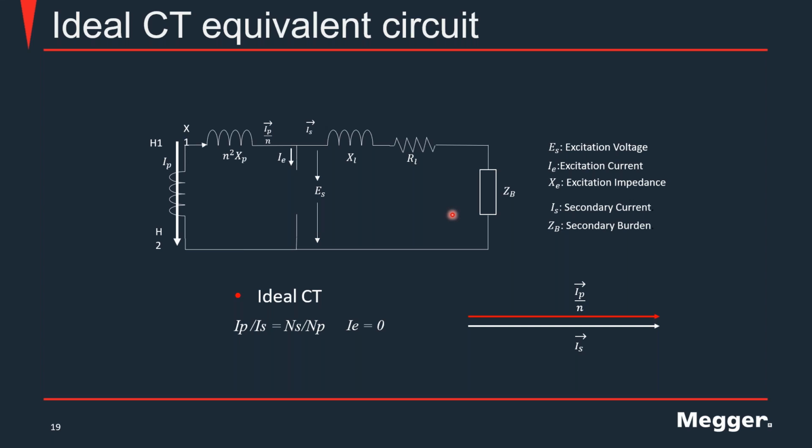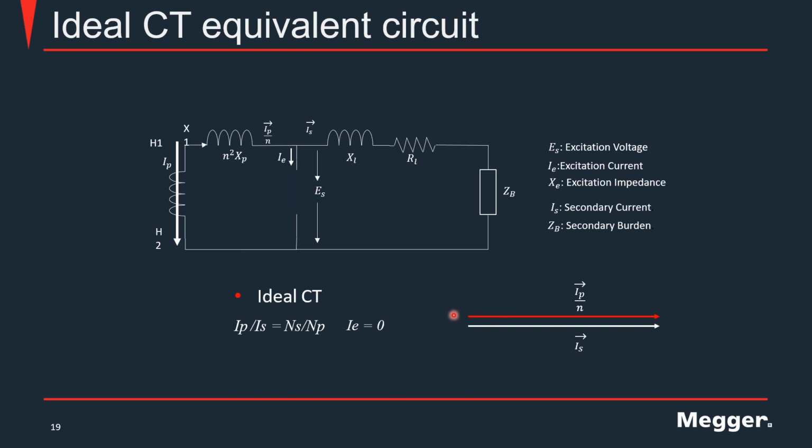The main difference between the ideal and the real is that on an ideal CT, you do not have any excitation current. What that means is that ideally the ratio of the primary current to the secondary current equals exactly the turns ratio, because you have no excitation current.